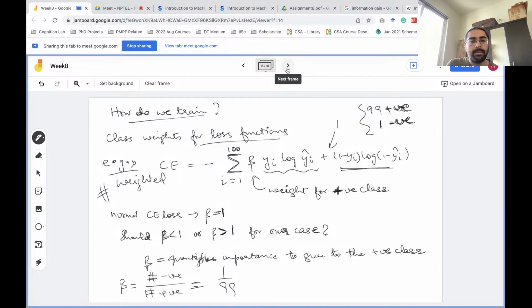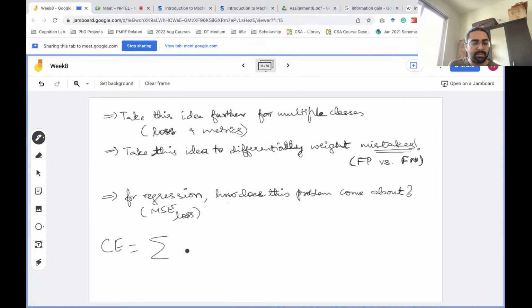Your cross entropy loss when you have multiple classes is something like this: you have y_k log y_k hat, where k goes from 1 to K classes. So y_k hat is basically the probability of belonging to this particular class k.